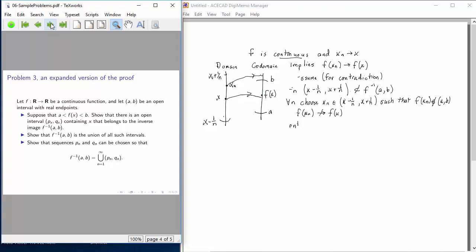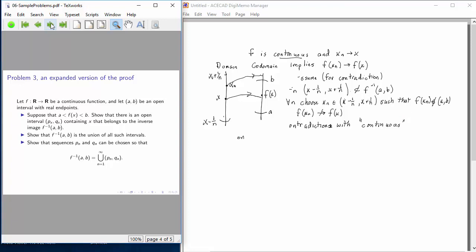This contradicts my assertion that f is continuous, and therefore it can't happen.